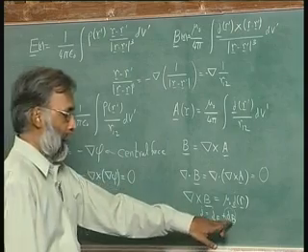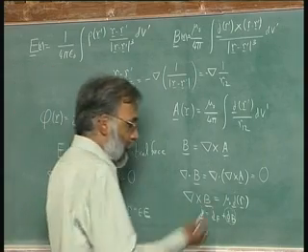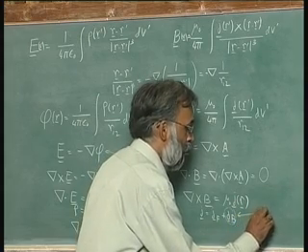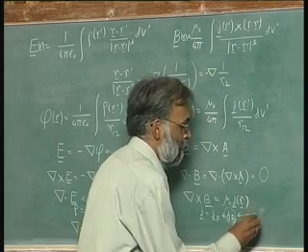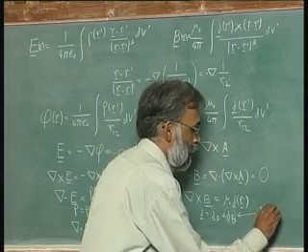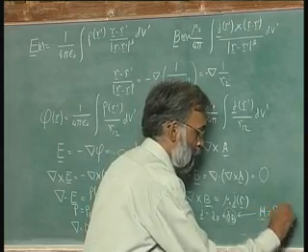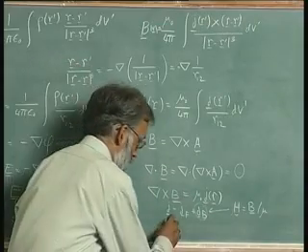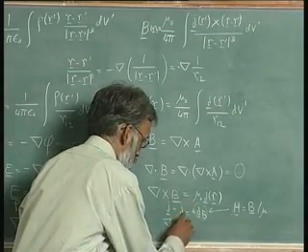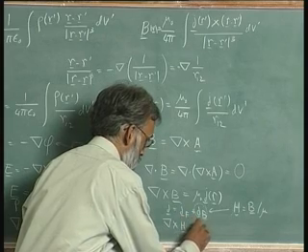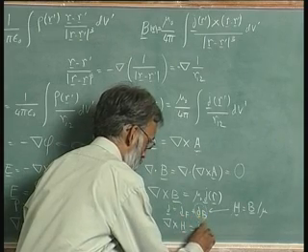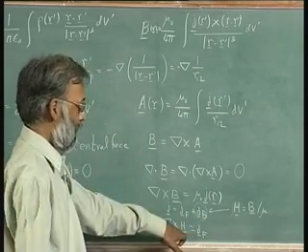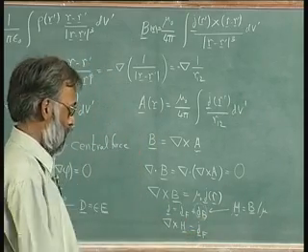Similarly, if we take this bound current and put it into our definition of mu, H is equal to B over mu, then we find that curl of H is equal to J, and only the free current corresponds to H.